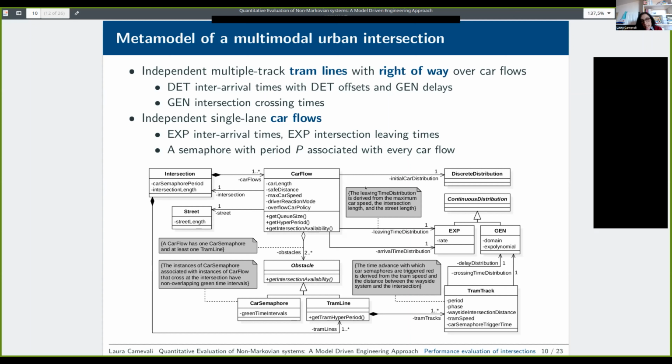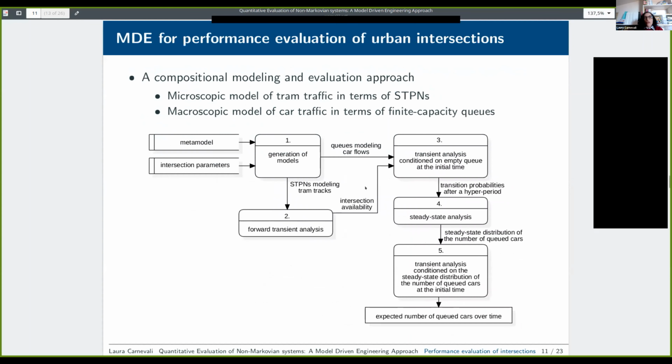So in the end, we resort to a compositional modeling and evaluation approach that combines two different models: a microscopic model of tram traffic, represented in terms of stochastic time Petri nets, and a microscopic model of car traffic, represented in terms of finite capacity queues.